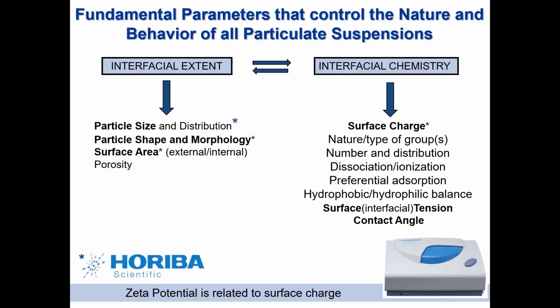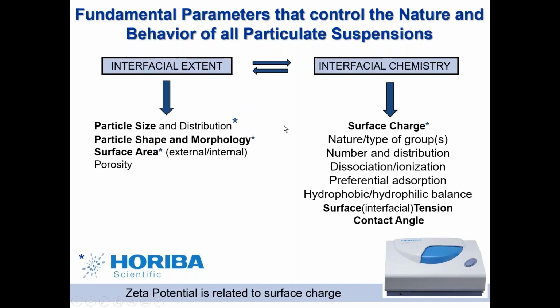While attendees may well be acquainted with the measurement of one or more members of the former group, unfortunately, the interfacial chemistry is often a neglected parameter, particularly in pharmaceutical and biomedical applications, even though in the formulation of suspensions it can be as significant as, and sometimes more so than, the interfacial extent. And through this presentation, I hope I can make that case.